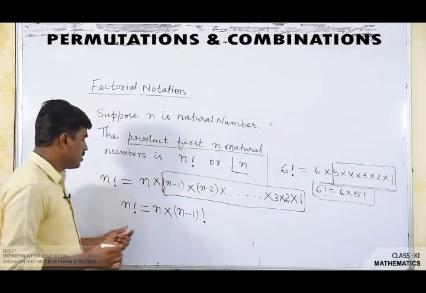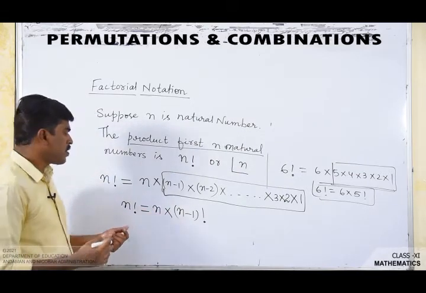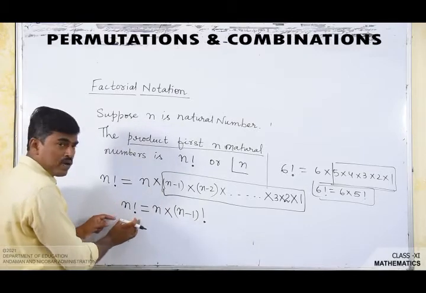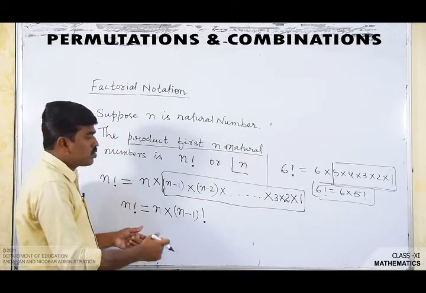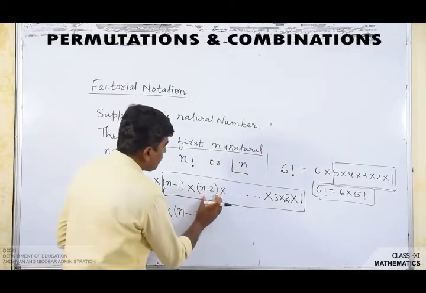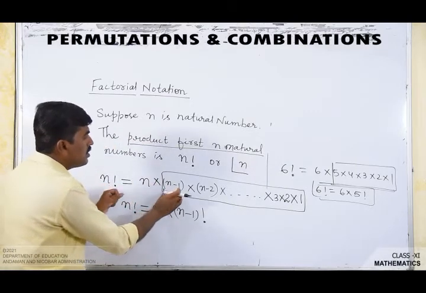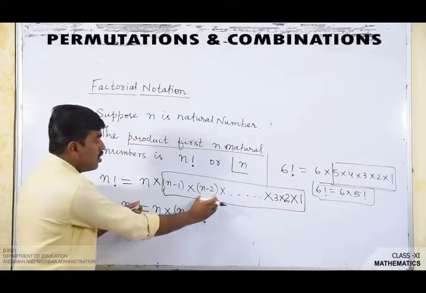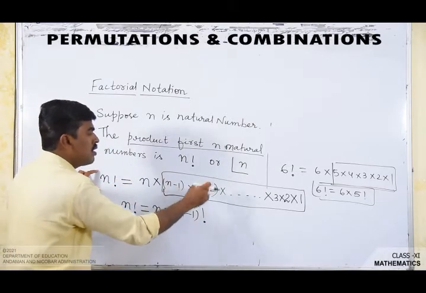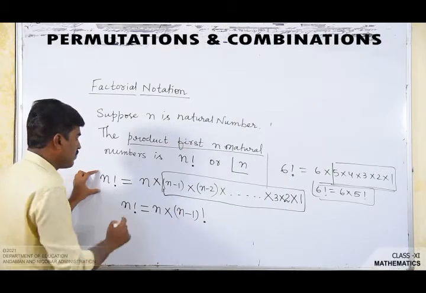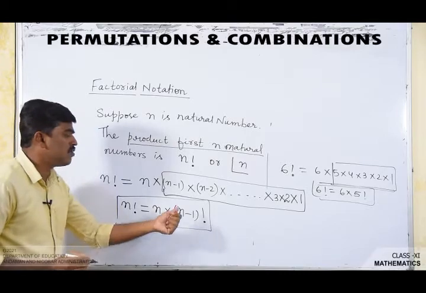So likewise this n factorial can be expressed as n into n minus 1 factorial, or we can also write this n factorial as n into n minus 1 into n minus 2 factorial. So we can stop anywhere in this. So if we have to stop at n minus 2, then we have to write n factorial is equal to n into n minus 1 into n minus 2 factorial, like this. So this is one important result, that is n factorial can be expressed as n into n minus 1 factorial.